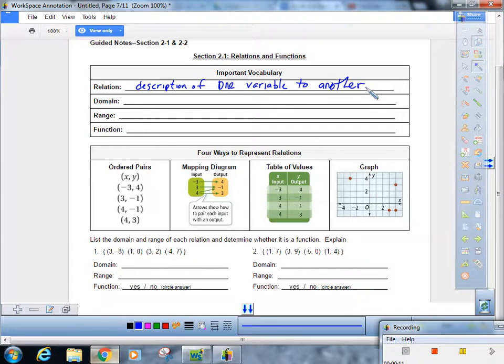The domain are all possible input values. The range is all possible output values.